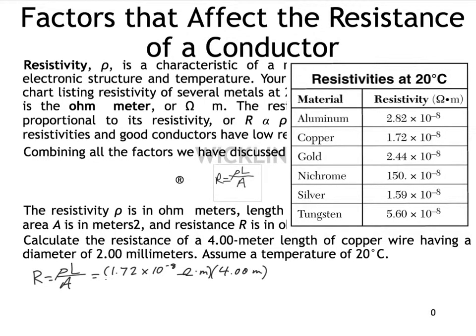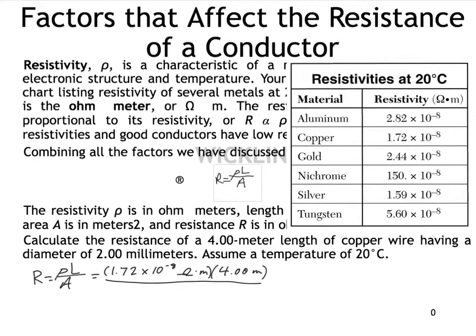It's worth mentioning that if the question gives you a length in centimeters or millimeters, you would need to convert to meters. It says that it has a diameter of 2 millimeters, which is not at all the same thing as area. So when we do this area, it is going to need to be in square meters, so we're going to have to convert this 2 millimeter diameter to meters first and then create an area.